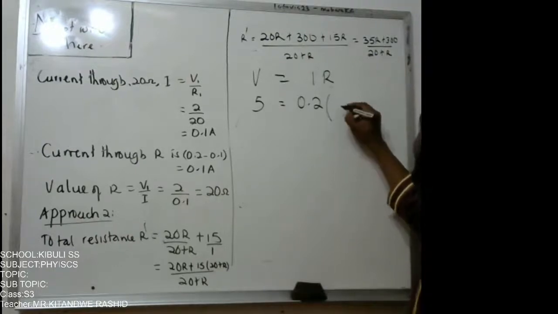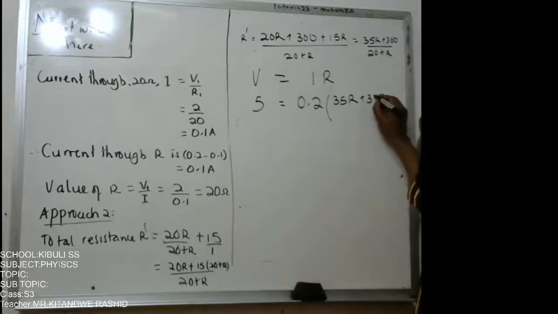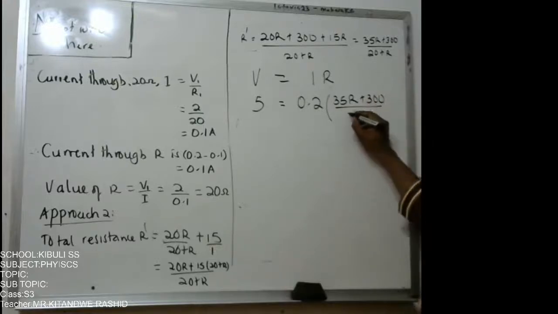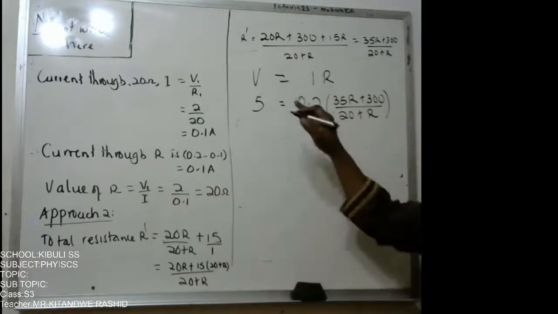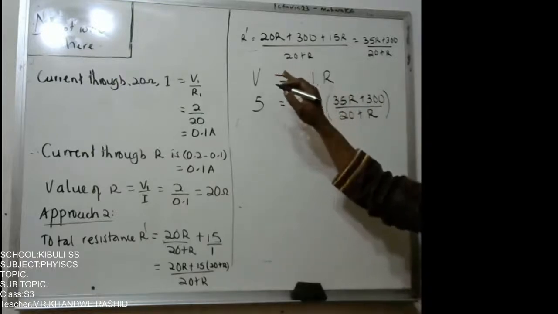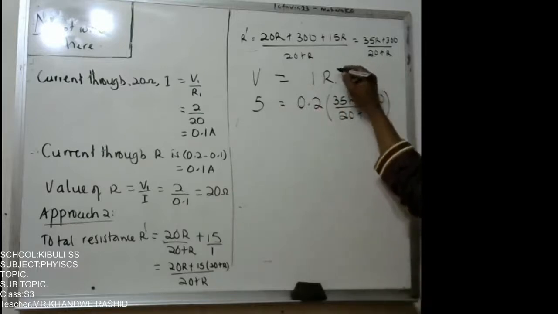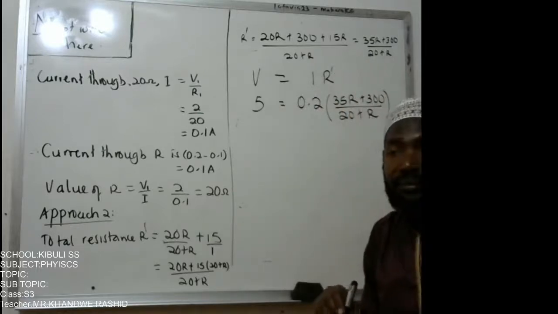So it is going to be 35R plus 300 divided by 20 plus R. So now I'm going to solve for R. Are you following on this step? This Ohm's law, the only thing we wanted is to find R. Actually, it is R prime.